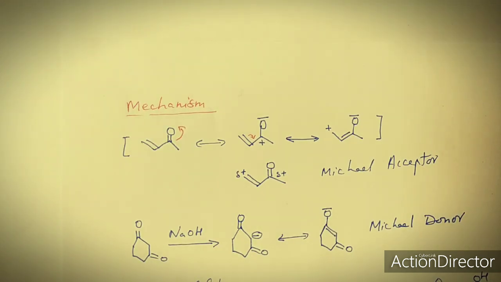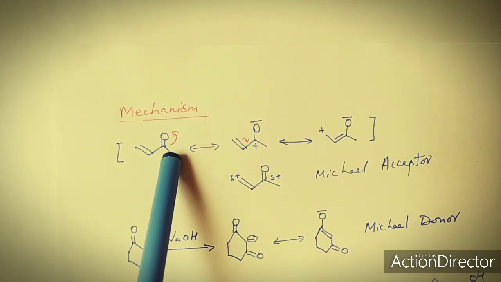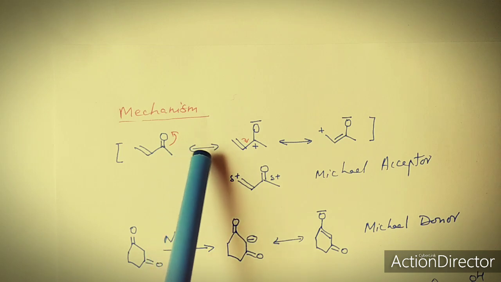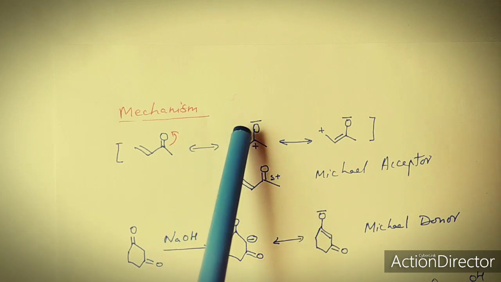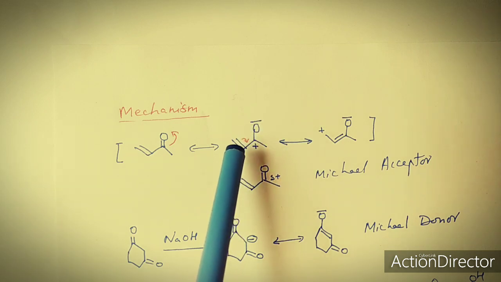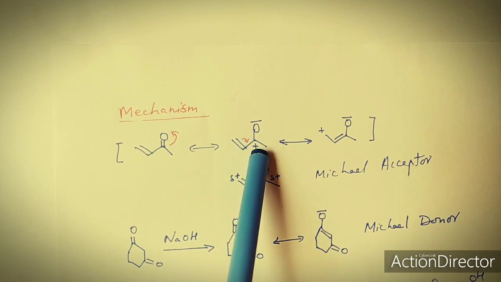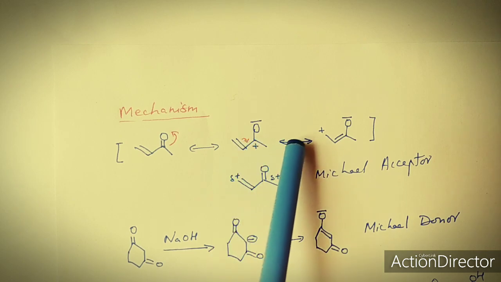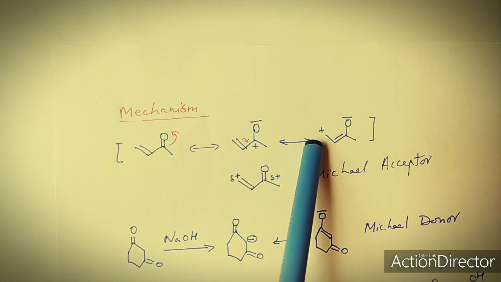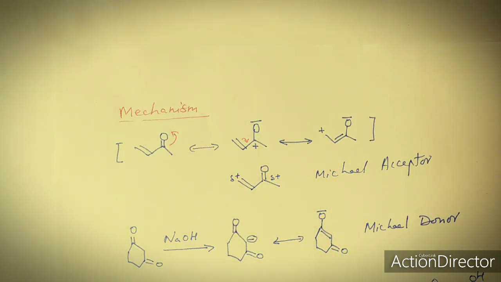Now as to how the mechanism proceeds. This is an alpha beta unsaturated carbonyl. This carbonyl oxygen is electronegative, so it will pull electrons towards itself. Hence these pi electrons, alpha beta, will move towards the carbon because it's got a positive charge now, and therefore the fourth position will get the positive charge, which we showed earlier, 1, 2, 3, 4, how 1,4 addition takes place.